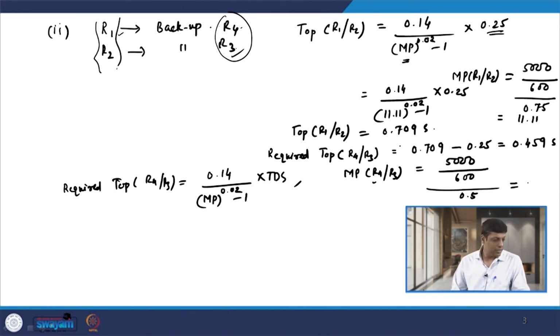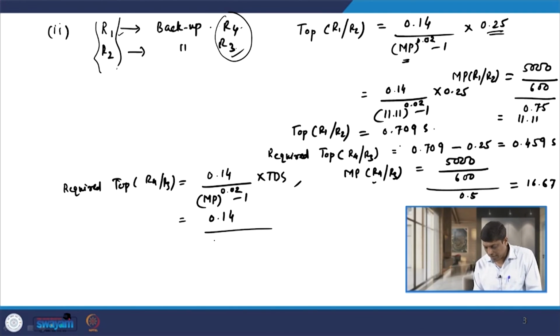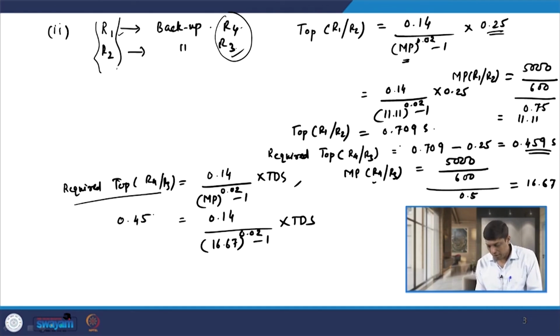If you solve this, the value comes out to be 16.67. So, if I use this value here, 0.14 divided by 16.67 raised to 0.02 minus 1, into TDS, and this required top of R4 R3 we have already calculated as 0.459 second. If you solve this, the value of TDS comes out to be 0.189.